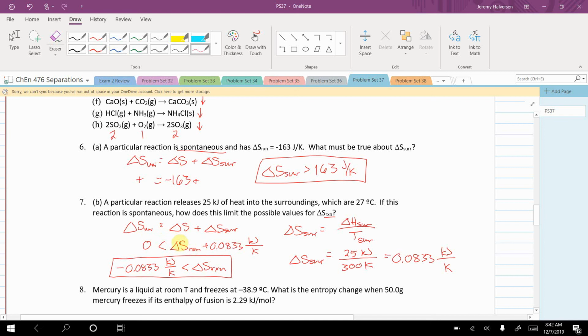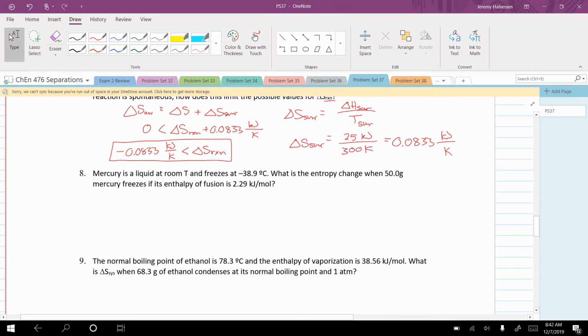So the system, the reaction, could be negative as long as it's not a larger magnitude than this, because if it was, it would make this number negative. So negative 0.0833 is the smallest value that it could be, and so it must be greater than negative 0.0833.